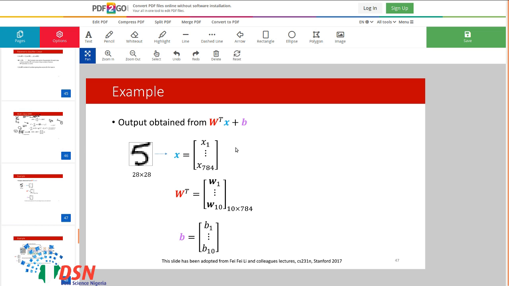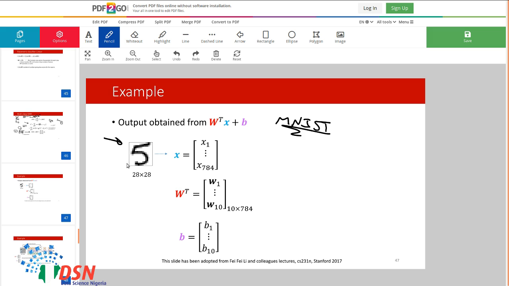As an example, let's say we have a digit from the MNIST dataset. We will see lots of examples from this dataset later.